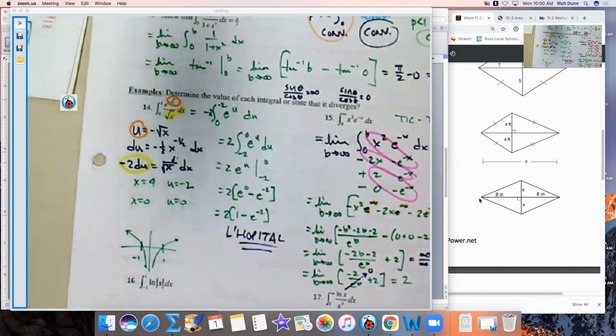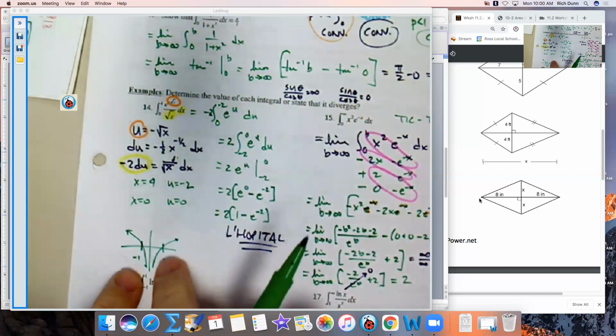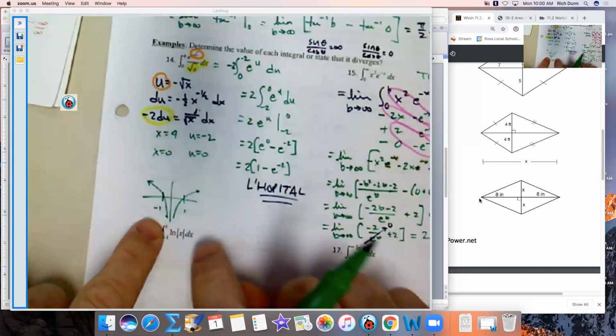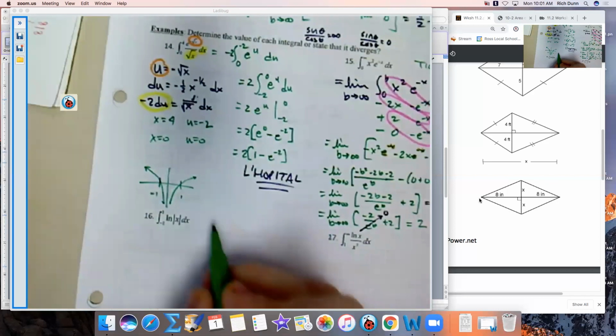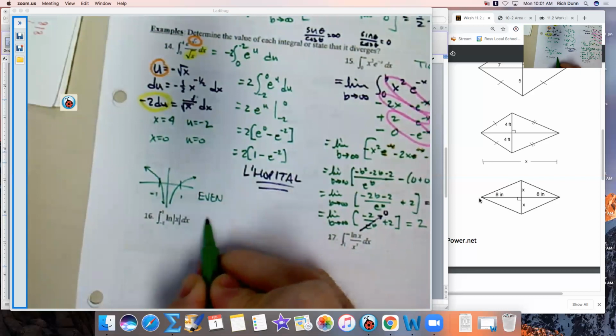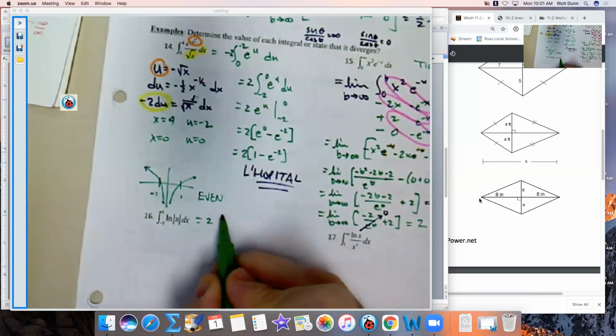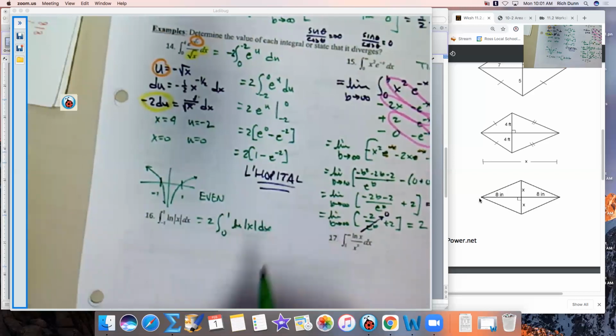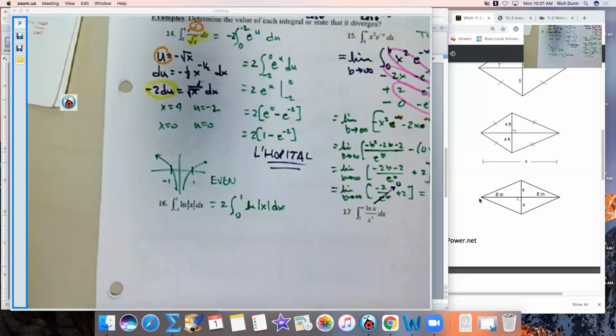Okay. Now, I do recognize that I can simplify this a little bit, because this is obviously an even function. And so let's just evaluate this from 0 to 1 and then double it. Okay?